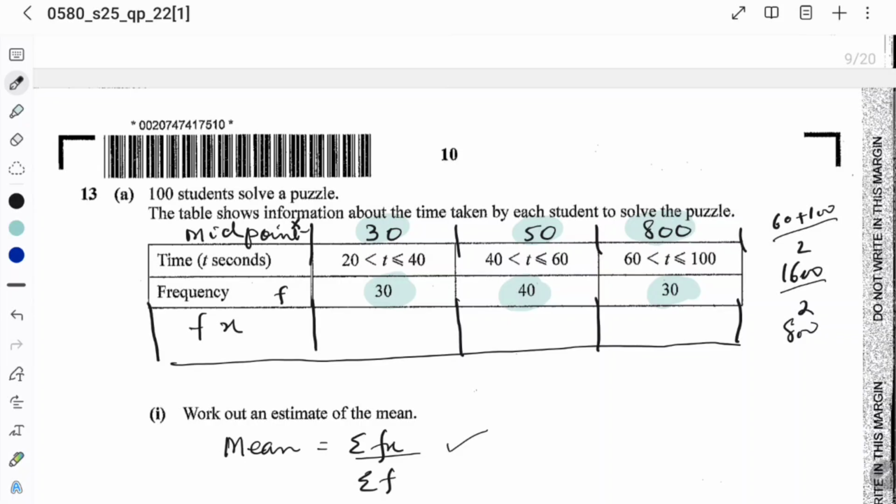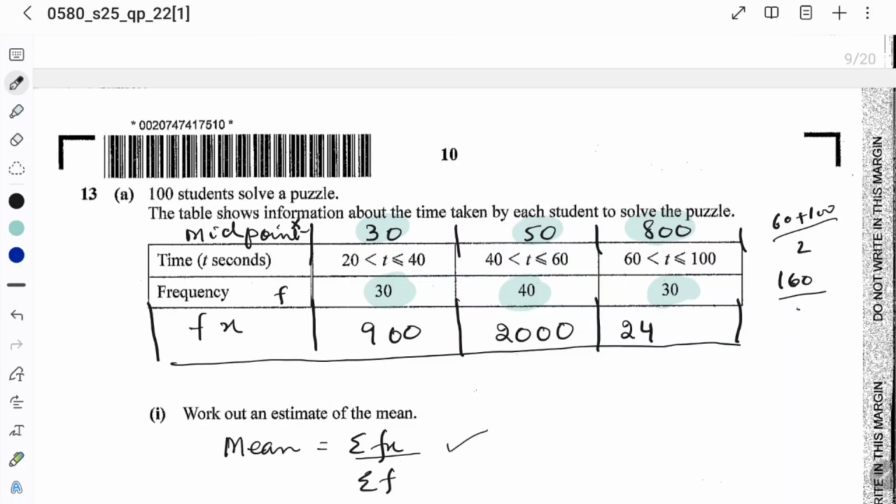So 30 times 30 is 900. 4 times 5 is 20, so that is 2000. And 8 times 3 is 24, and then we write 2 more zeros. Just wait. Sorry, it's not 800, it's 80. 2 8s are 16, 160.